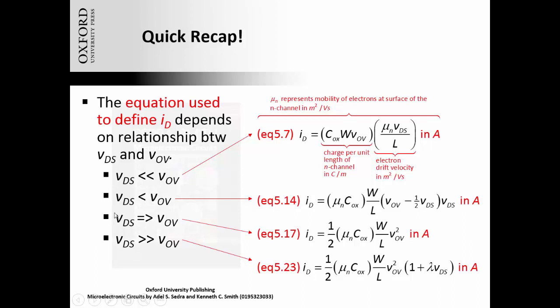At the point that VDS is equal to or greater than VOV, that equation now ceases to increase. The ID ceases to increase, and we have a fixed ID that's a function only of the overdrive voltage.